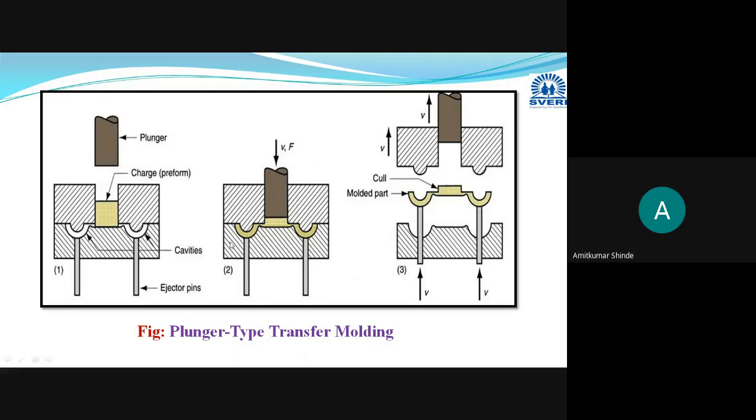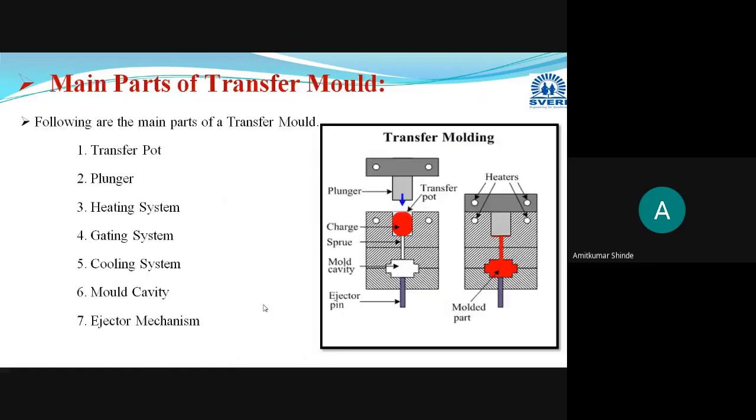Sometimes some arrangements are used in such a way that the movement of the plunger is in upward direction. When movement of the plunger is in downward direction, it is termed as top transfer plunger type.